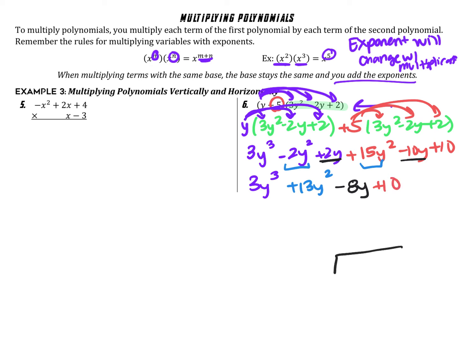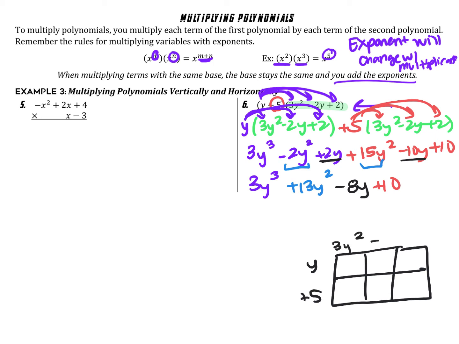Also in Algebra 1, you often learn the area model or the box method for multiplication. So we could say y plus 5 times 3y squared minus 2y plus 2. And then we can multiply sort of like the Punnett square inside the box. This thing times this thing, 3y squared times y is 3y cubed.